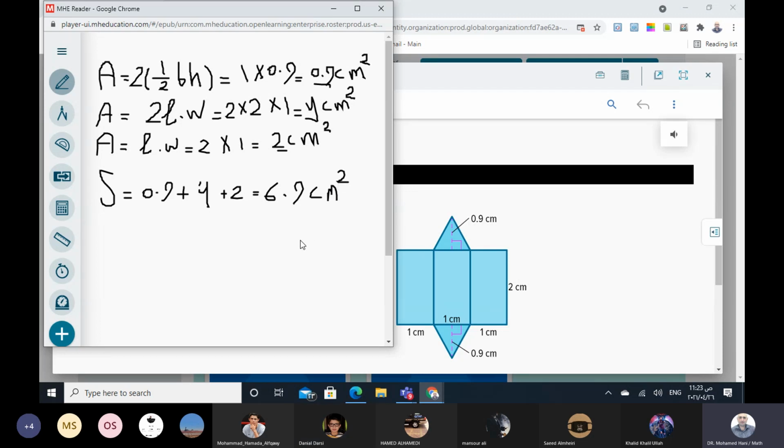Great work, Daniel. I will add to you 5 marks. Thank you. So this is the surface area.